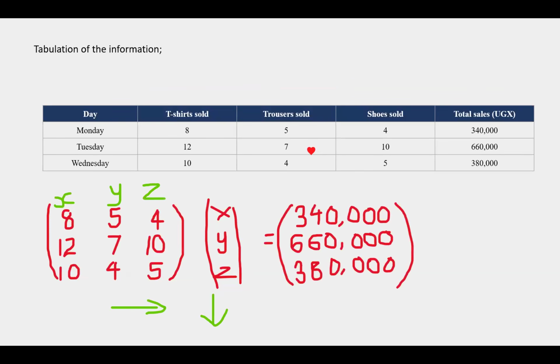So tabulation of information is very important, and as candidates of the new curriculum, we're reminded that every diagram should have a title. Now here, my title is not effective. I just put tabulation of the information, but as a serious learner who intends to get an A in subsidiary mathematics, you also label this table, for example, a table showing the data presented in the scenario above, or find a very fitting title for your diagram, because each and every diagram ought to have a title, be it a graph or a table.